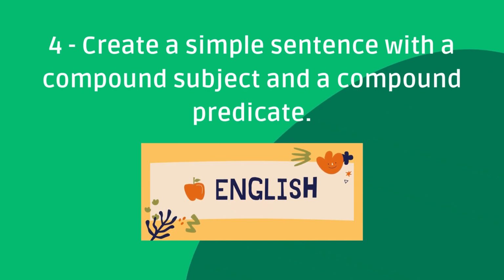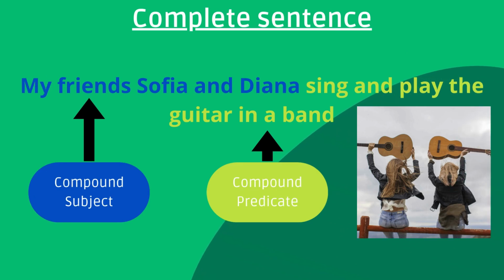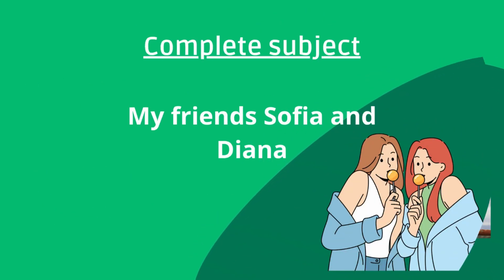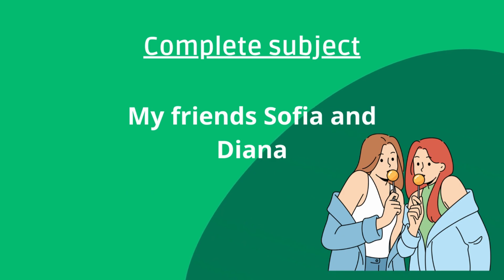Now let's create a simple sentence with a compound subject and a compound predicate. In the complete sentence, we have: my friends Sophia and Diana sing and play the guitar in a band. We have two subjects performing two verbs in the sentence. In the complete subject, we have my friends Sophia and Diana.